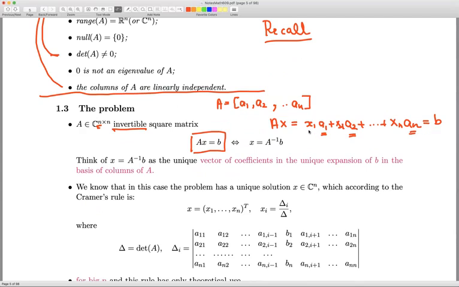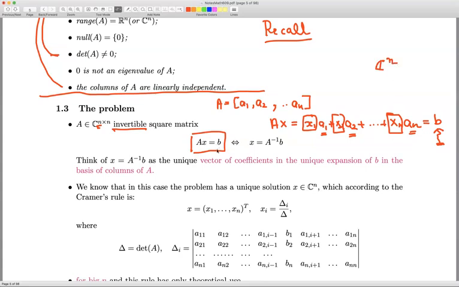And what we're looking for, these numbers x1, x2, and so on, xn, are exactly the representation of the given vector b with respect to the basis a1, a2, ..., an, which is a basis for the space Cn, or if we talk about a real entry matrix, in the space Rn.